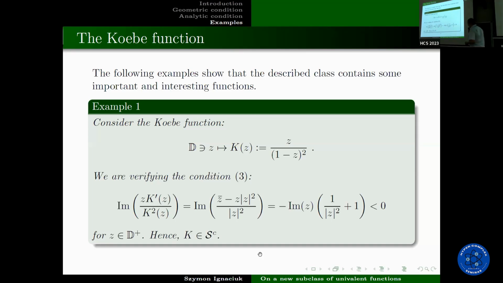And as you know, the Koebe function is quite important because this is the extremal function for many problems in the geometric theory of univalent functions.